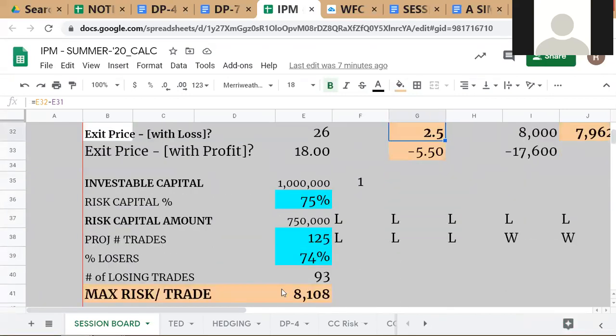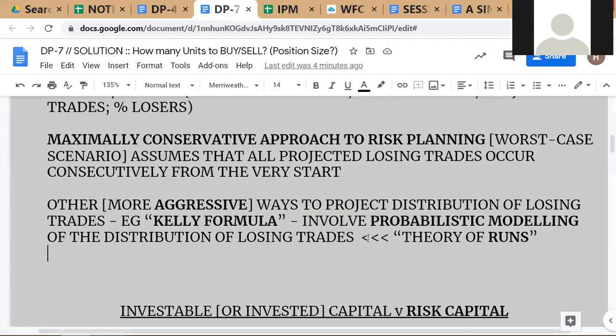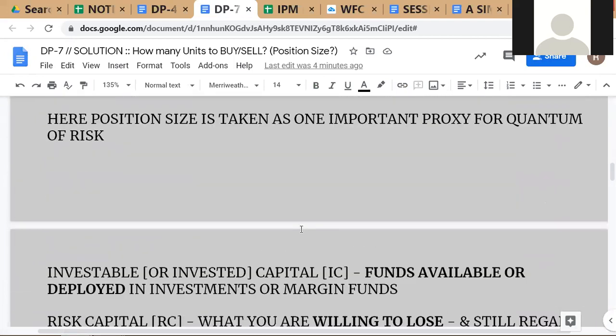As close as possible to this, but just equal to or less than. So that's what we did by doing trial and error. Now we don't want to do trial and error. We want to make this an algebraic formulation, and that's what we're learning right now.